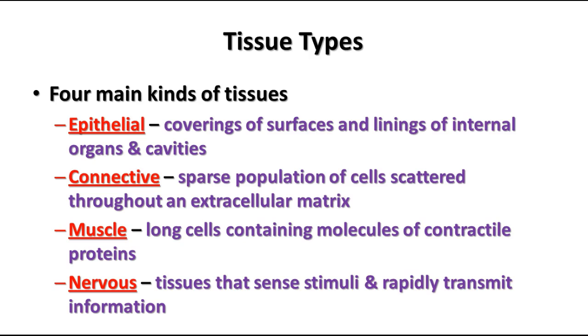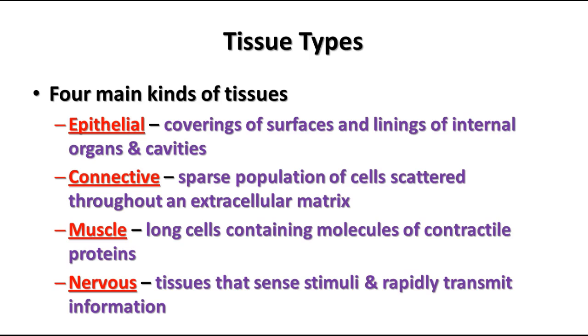In triploblastic multicellular animals, there are 4 main kinds of tissues. Epithelial tissue makes up the coverings and linings of internal organs and cavities. So when you see a layer of tissue surrounding an organ or lining a cavity, that's going to be epithelial tissue. Also, surfaces of things like your skin. The second kind of tissue is connective tissue.